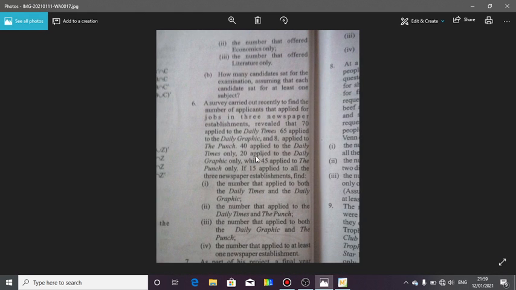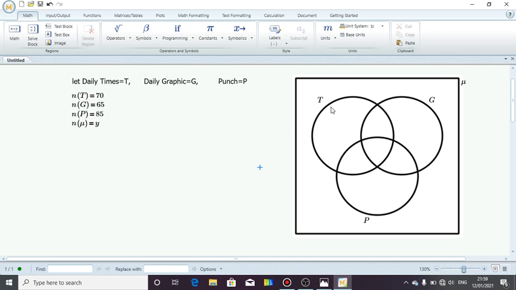So let's start. It says now 40 apply to daily times only. You see, 40 apply to daily times only. That means this is the daily times circle now. Those that apply to only daily times are supposed to be here. Looking at the circle for graphics, some of those that apply for daily graphics also apply for daily times, and they are going to be here. The ones that apply for daily times and daily graphics, you put them here.